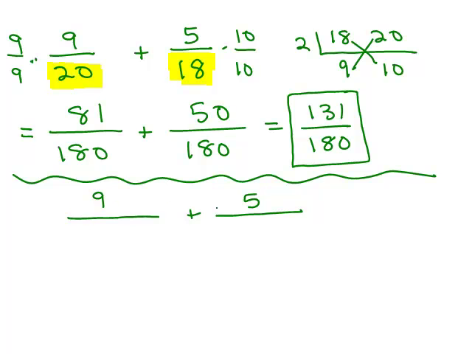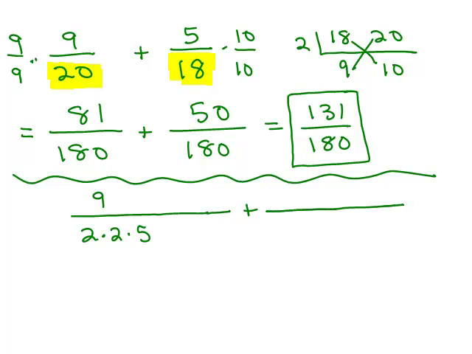I don't factor the numerators. You write the numerators down, but we factor the denominators. So 20, prime factor it: 2 times 2 times 5. And actually, you want to leave a little bit more space. You want to write big, long fractions. All right. And we're also going to factor 18. Prime factored it is 2 times 3 times 3.